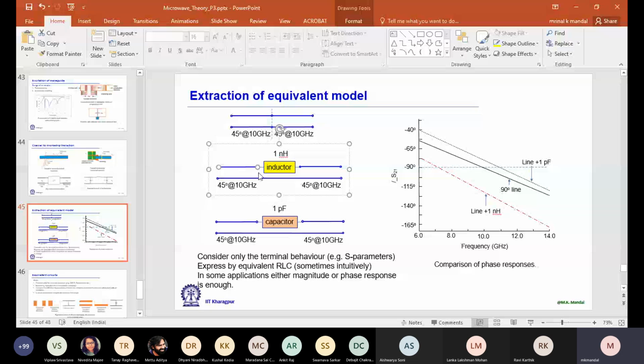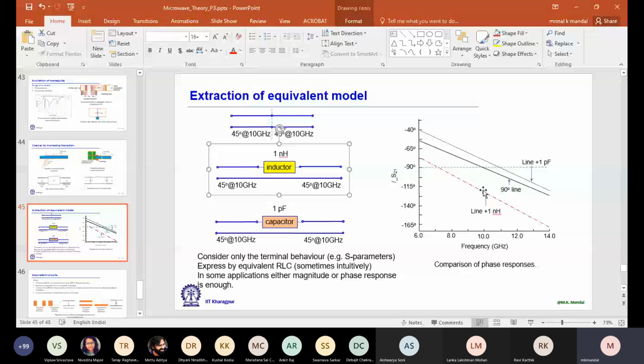For an inductor, you know, current lags. For a capacitor, voltage leads the current. Then here, what we expect is that the angle of S21, which is related to voltage amplitude, will lag compared to this simple transmission line case. So for this one, minus 90 plus some additional term. Here you can see the value depends on the inductance.